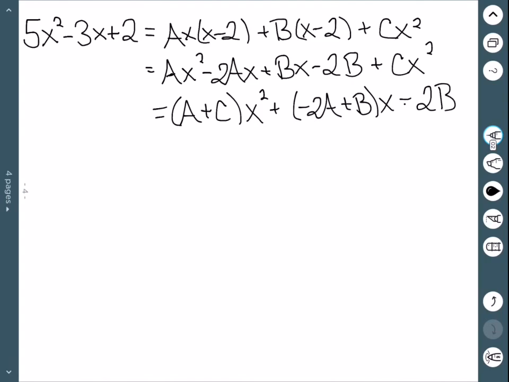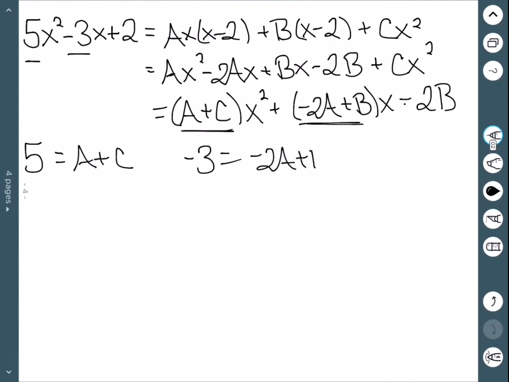Now we're going to set the coefficients equal. The left in front of the x squared term is a 5, and on the right is A plus C. In front of the x on the left is a negative 3, and on the right, negative 2A plus B. The constant term on the left is a 2, and on the right, minus 2B.